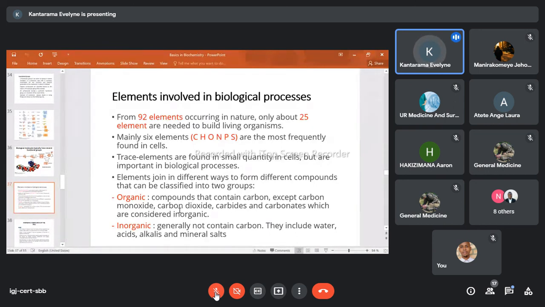So other carbon-containing compounds are organic compounds. Inorganic compounds do not contain carbon. They include water, acids, alkalis, and mineral salts. Of course, in inorganic, we include carbon dioxide, carbon monoxide, carbonate, and so on.